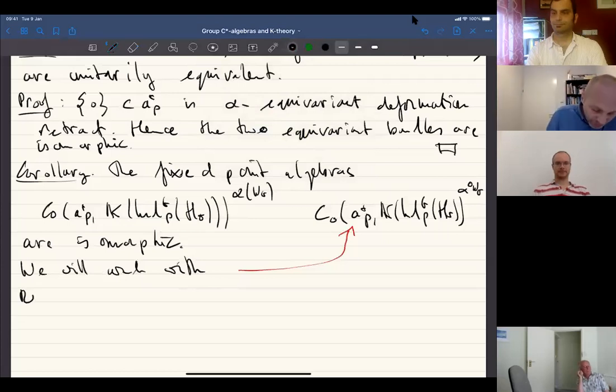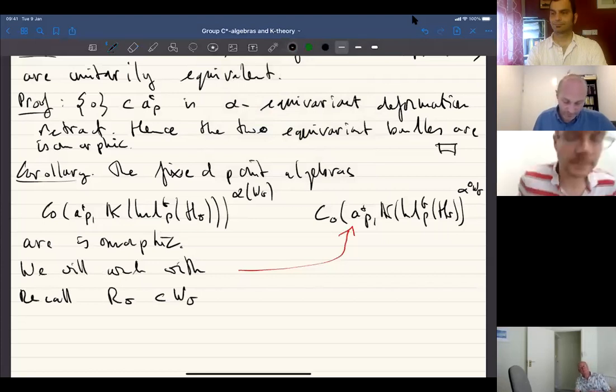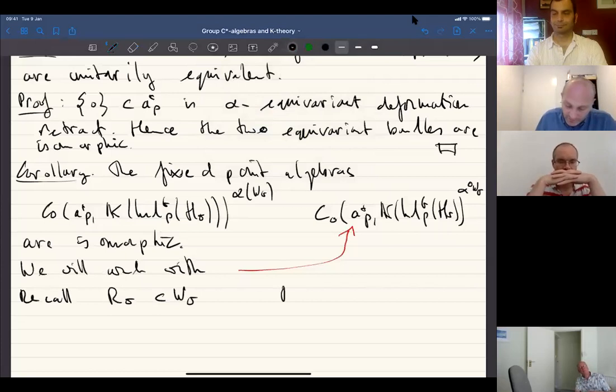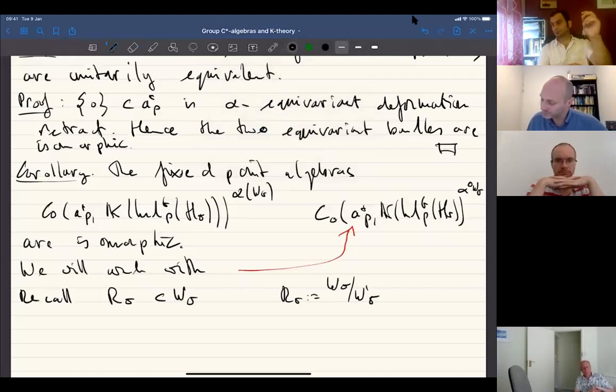So we recall R sigma inside W sigma. There are different ways to think of this. You can define R sigma either like this or directly as a subgroup. If you define it in this way, then you can show that there is a splitting of the quotient map. You just choose one.